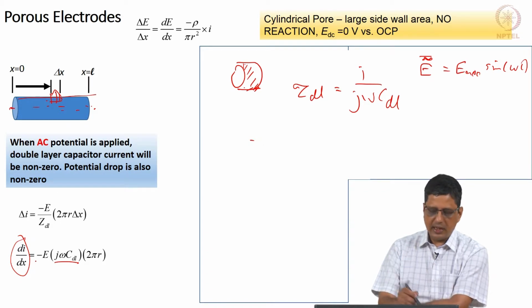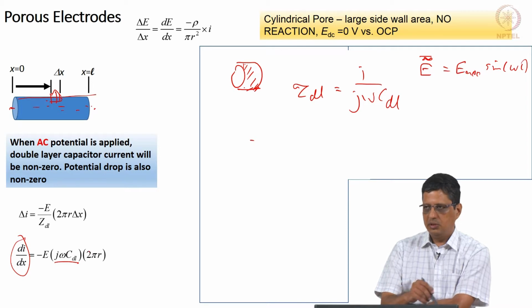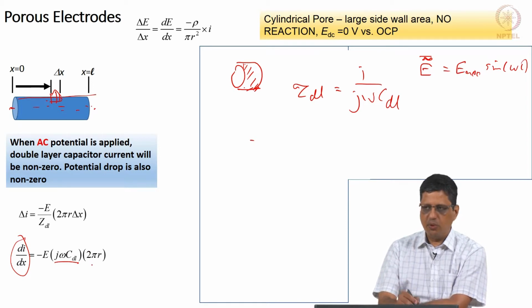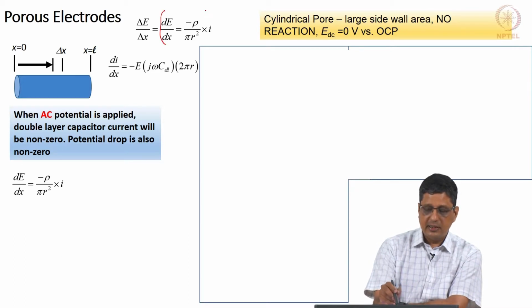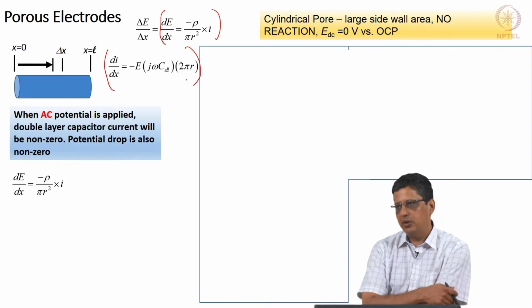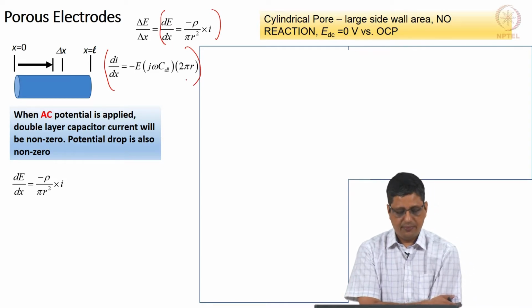How much is the current? That depends on the potential, the frequency, the radius of the pore, and the double layer capacitance. So, I have two equations, one is dE by dx relating to the current, and another is dI by dx relating to the potential.